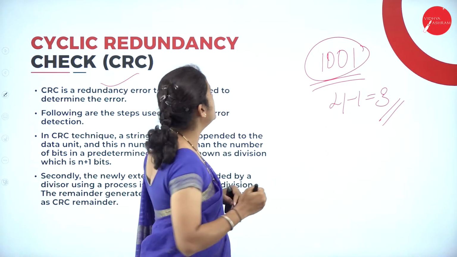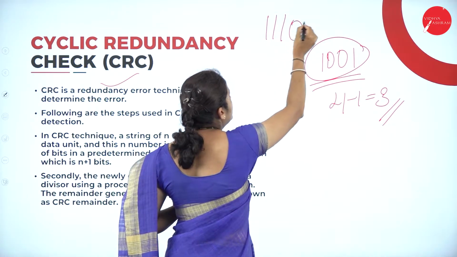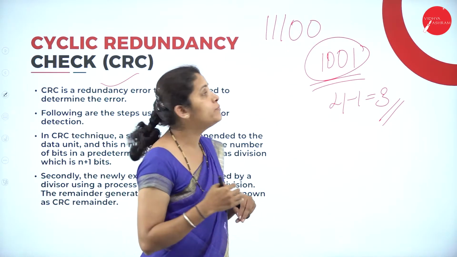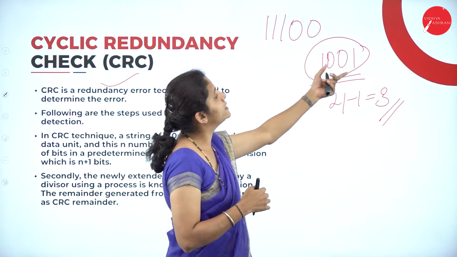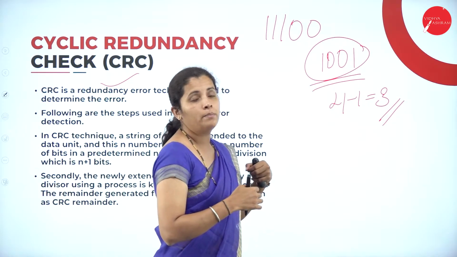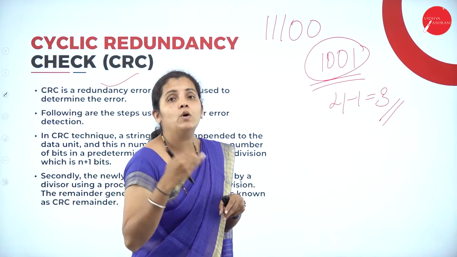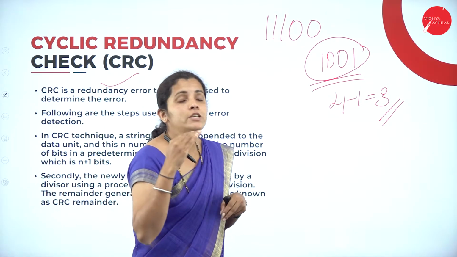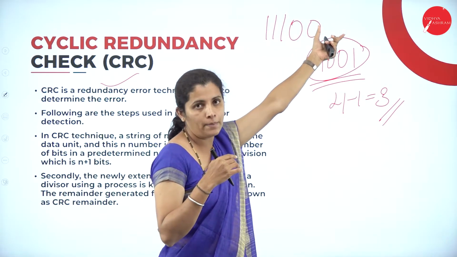Consider that this is my actual data. What is the length of my data? It is 5 bits. Then what is the length of the divisor? Here it is 4 bits. But according to the CRC rule, I want to append zeros at the end of the actual data bits.